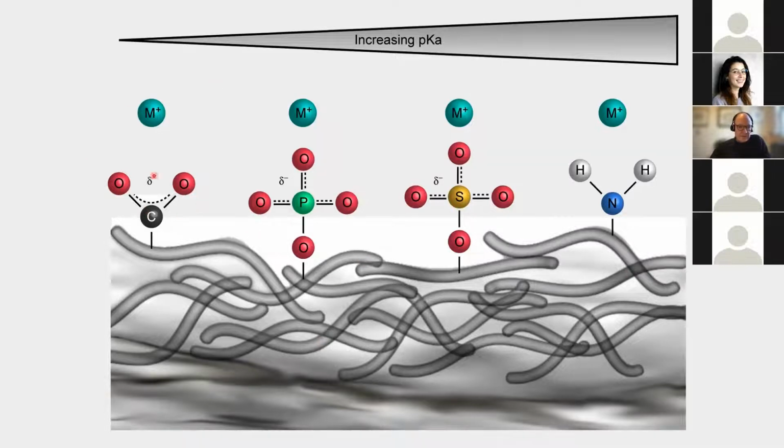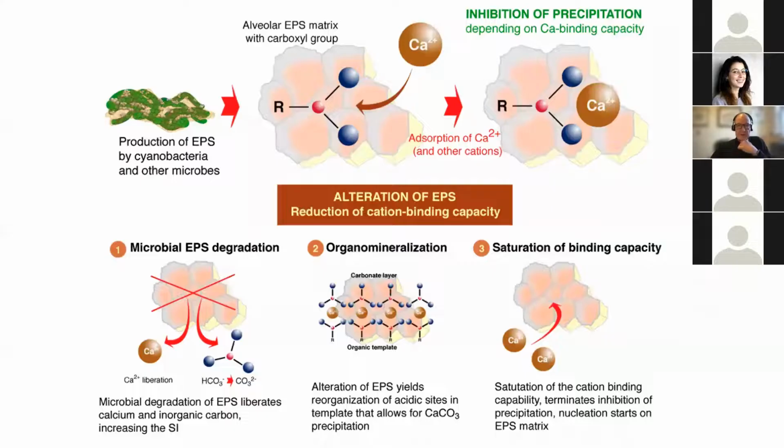And they have some chemical functional groups, like carboxyl groups, phosphate groups, sulfonate, so some type of sulfur functional groups, and amino groups, and some others even. And if these are deprotonated, if they have a negative charge, they can bind metal ions, including calcium. And that is very important in the next step of the calcium carbonate precipitation.